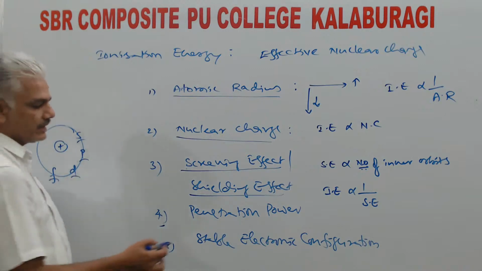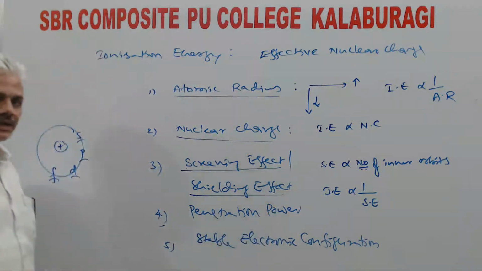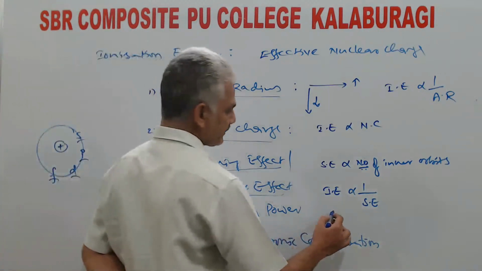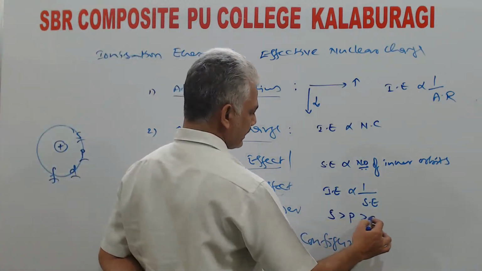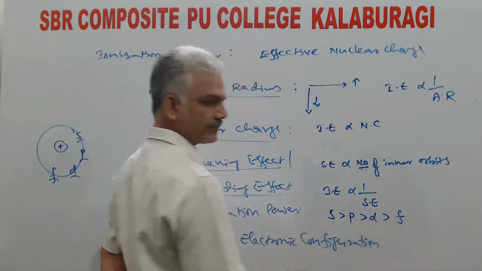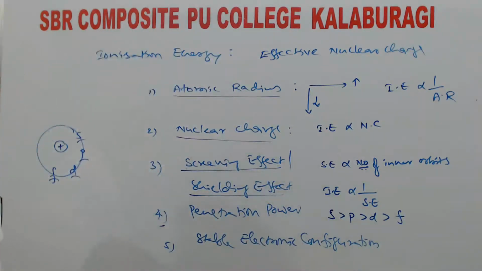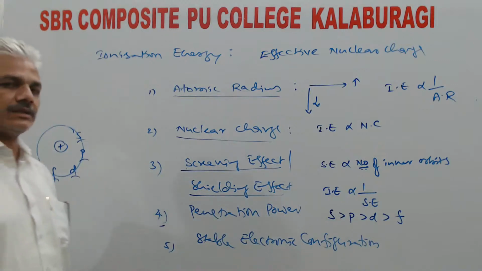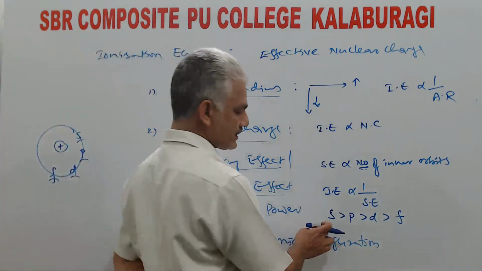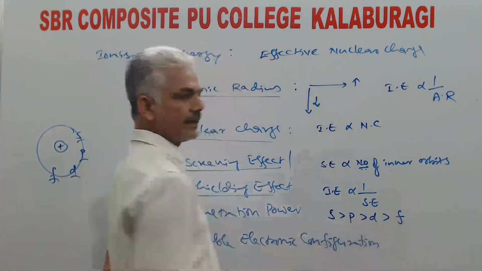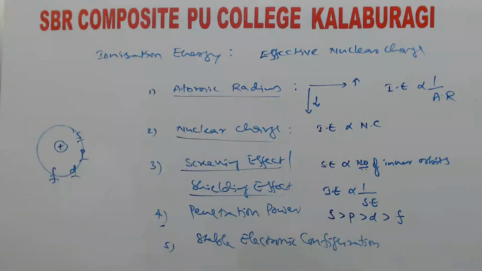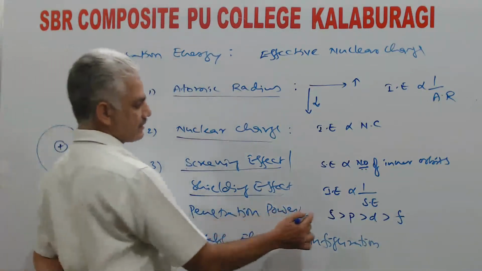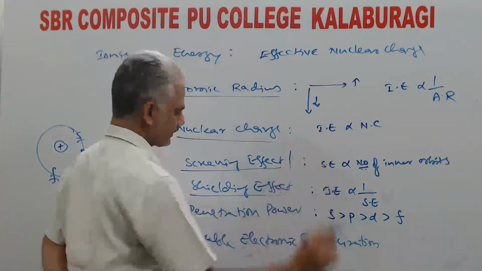And that phenomenon is called penetration power. The order of penetration is s greater than p greater than d greater than f. That means always it takes more energy to remove electron from an s orbital compared to f electron. So this phenomenon is called penetration power.